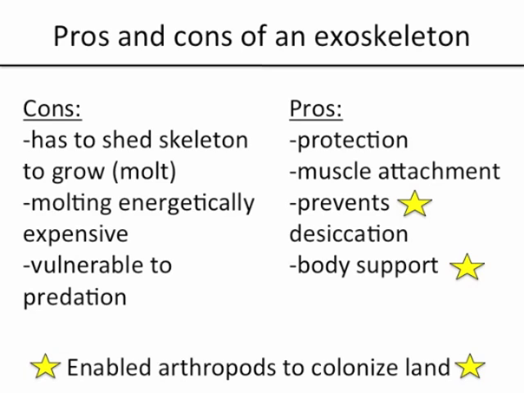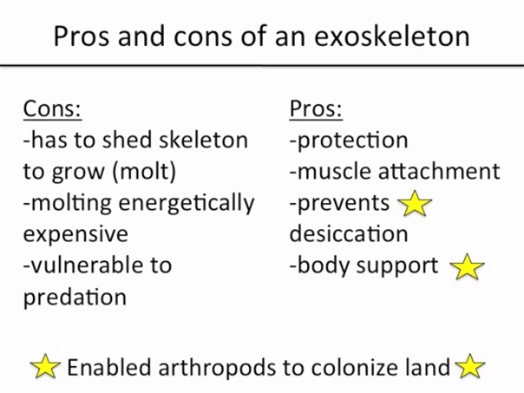All right. But on the opposite side, the pros: when it's hard, it protects them. It provides a location for muscles to attach, which allows them to be a little bigger. They're not just a blob of cells, they can have muscle attachment points, and it allows them to move that exoskeleton.